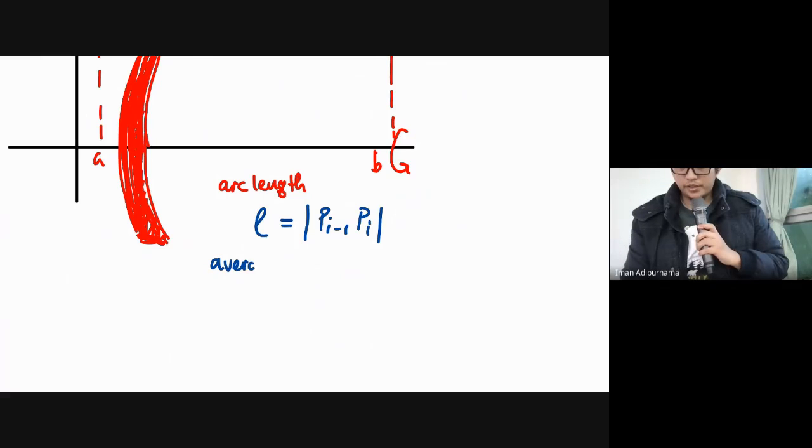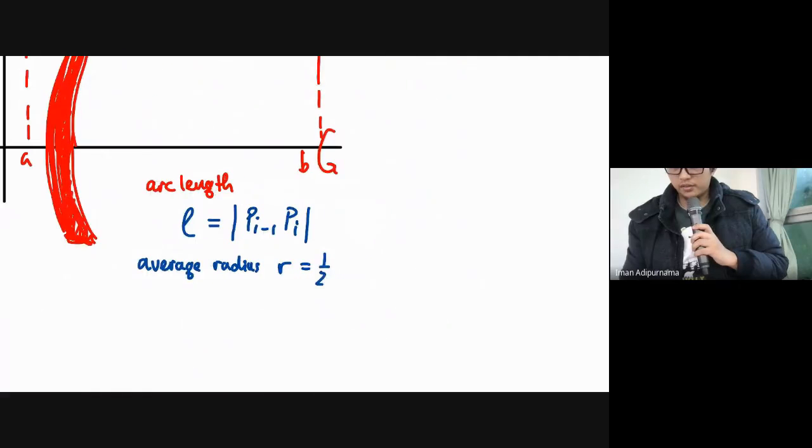And let's define the average radius R as half of R1 plus R2.